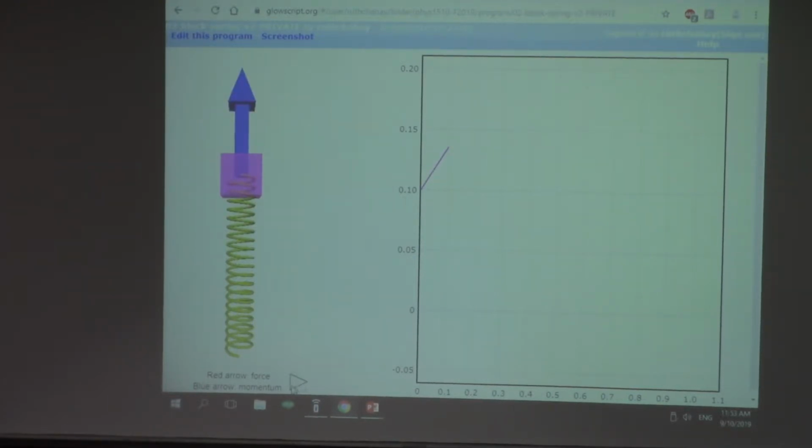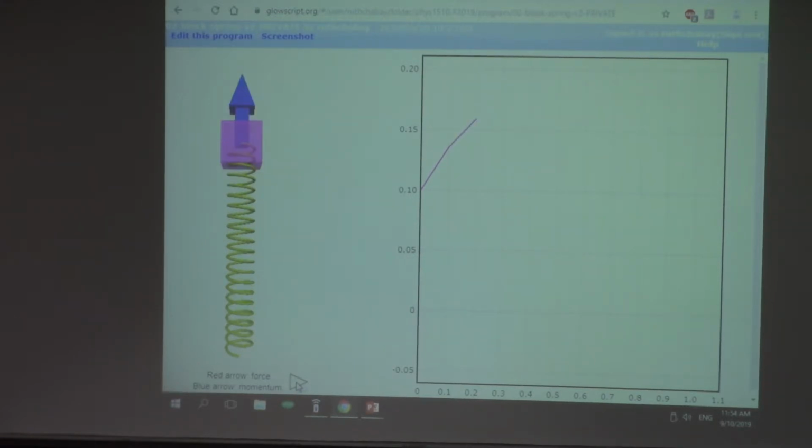Well, now the stretch is different. So we need to recalculate the spring force and add it to the force by the earth. And we see that now it's gone far enough that actually the force by the earth is winning. Or maybe the spring is pulling it down some too. But the momentum is still up, even though it's now going to be smaller.